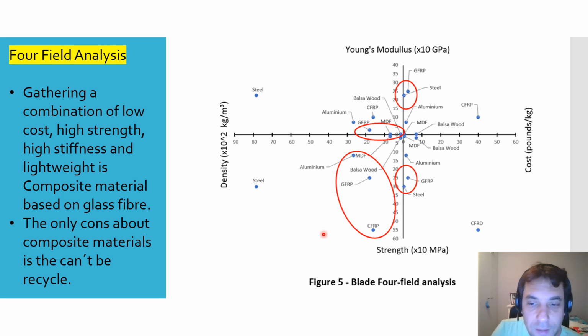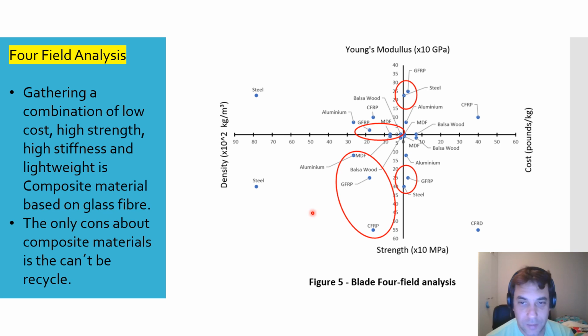So I would say that in this analysis we could go forward with the construction of the blade using composite material. And I would also like to talk about another requirement, the manufacturability of the blade.